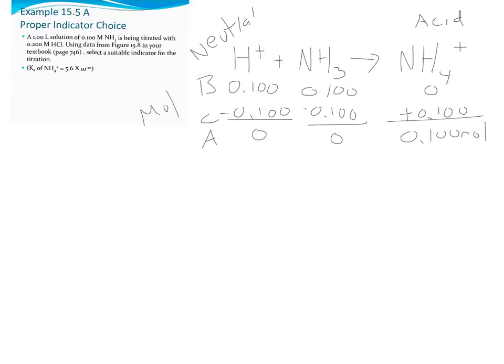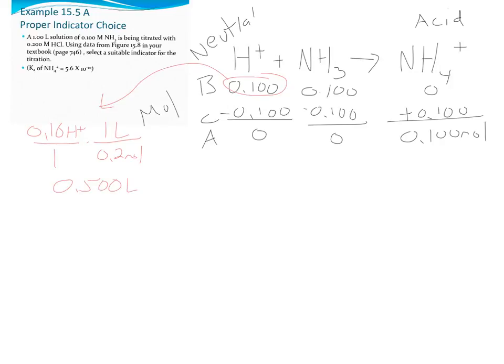Now this 0.1 moles of acid is going to be a clue for the volume because we know that we have 0.1 moles of acid and it is a 0.2 molar solution. So 0.2 moles per liter. We have to pause. They didn't give us a volume. We have to pause and find out that this is half a liter of acid.